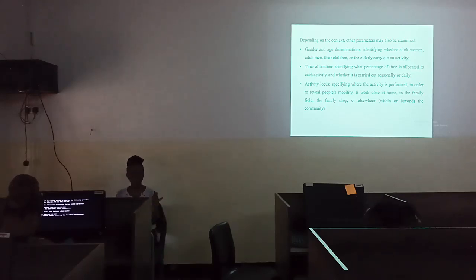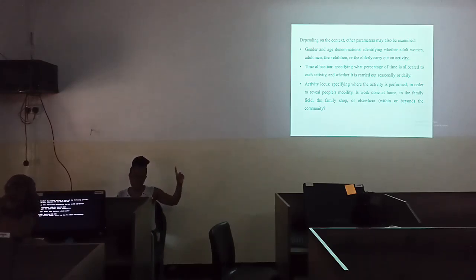Then, depending on the nature of the project, you also consider other parameters such as gender and age denomination. For example, in terms of gender, if we're talking of women, are they adult women, adult men? Maybe it's boys or girls, children or elderly who will carry out the activity. When I was talking about disaggregated data, I said males and females.